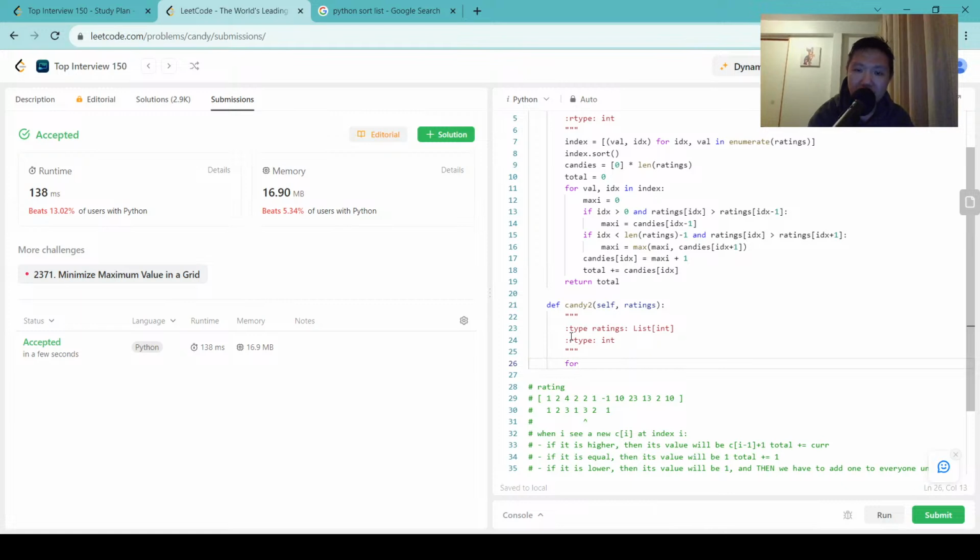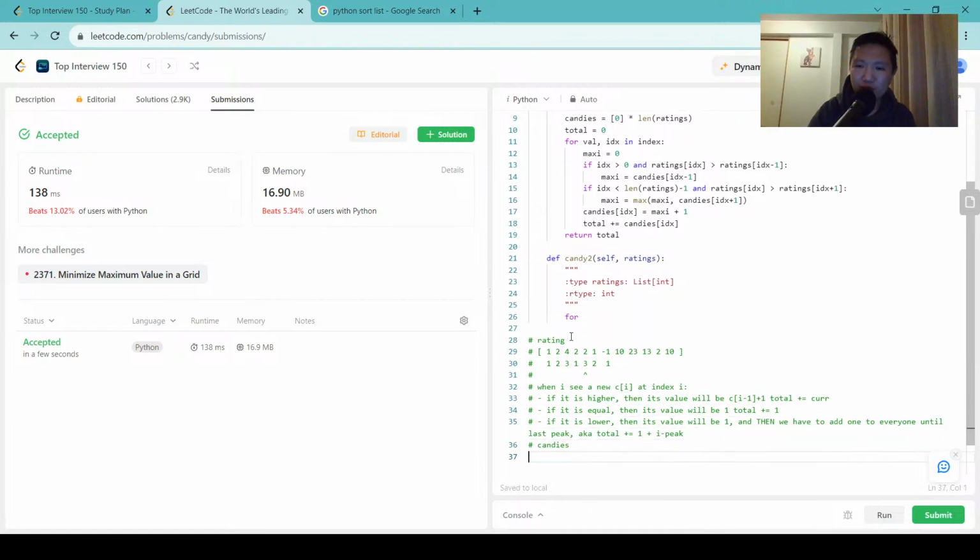Alright, cool. So here's the new plan. We're going to pretend we're mountain climbers. As we climb the mountain, if our next number is higher, all we have to do is add the current number. If the next number is equal, we'll push it all the way down to 1.